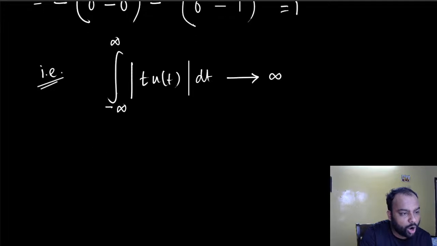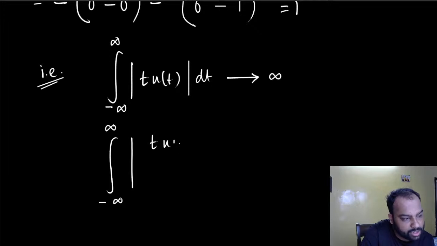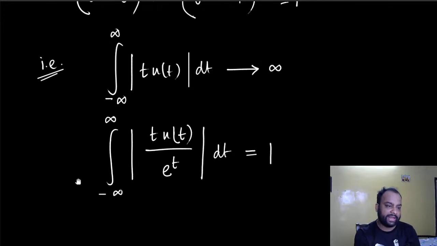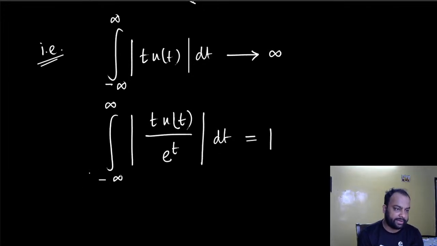But by dividing the signal with a suitable function, we have now made the absolute integration finite. All we just changed was this multiplication factor, right?